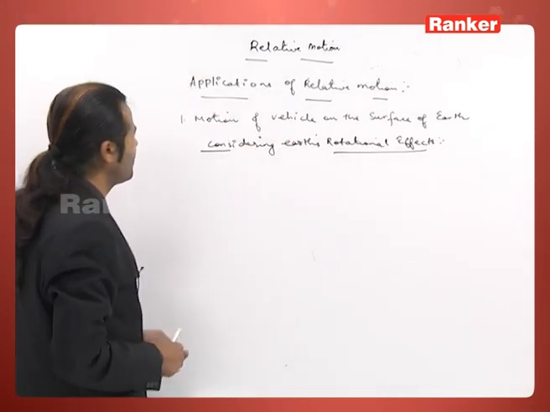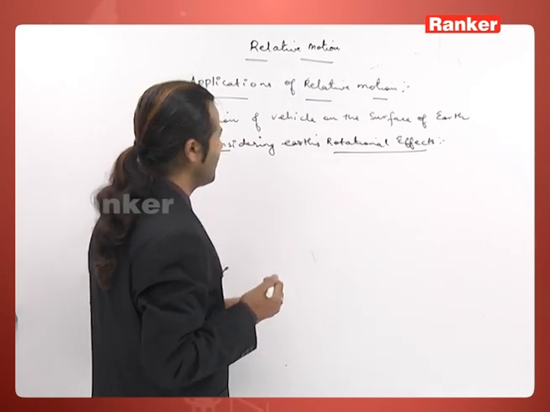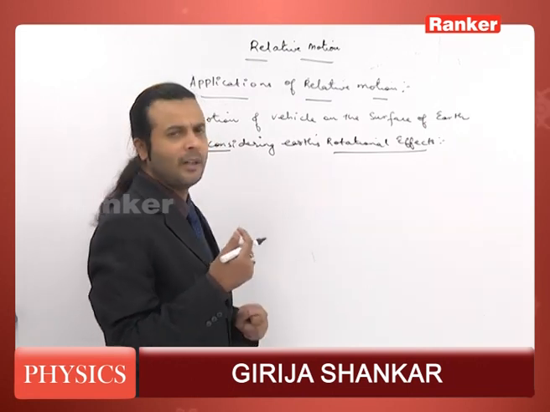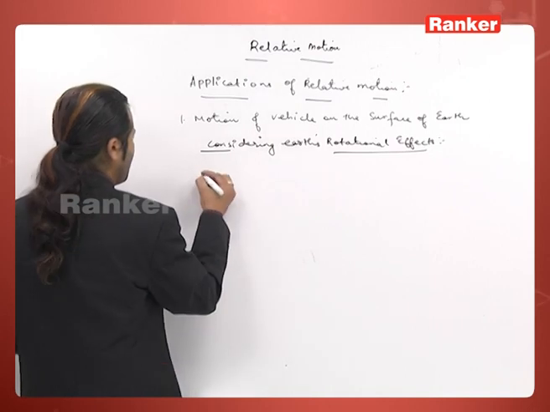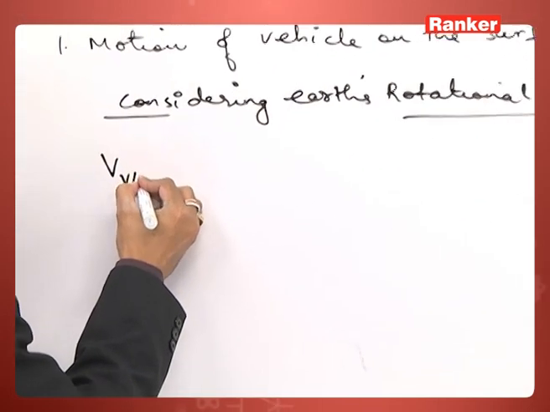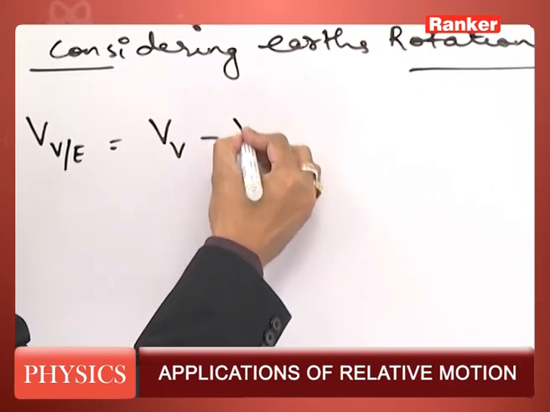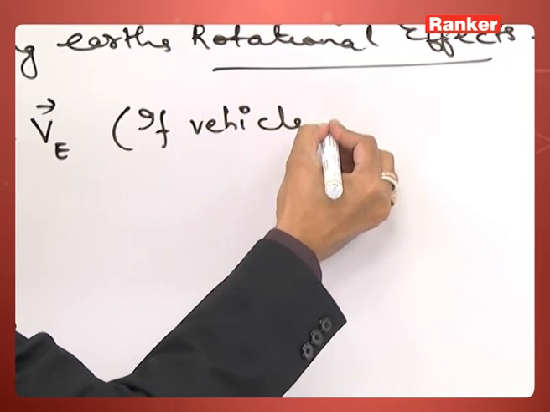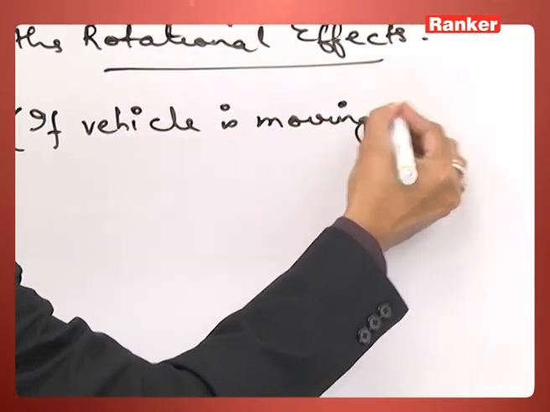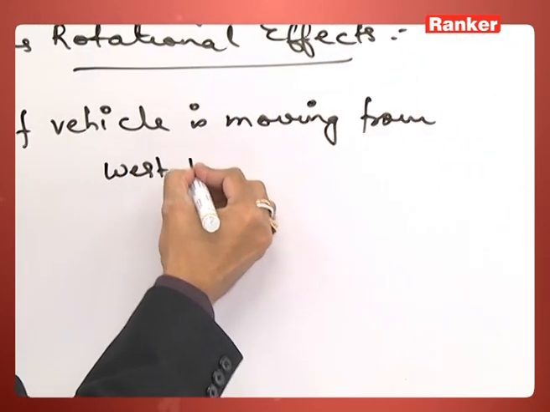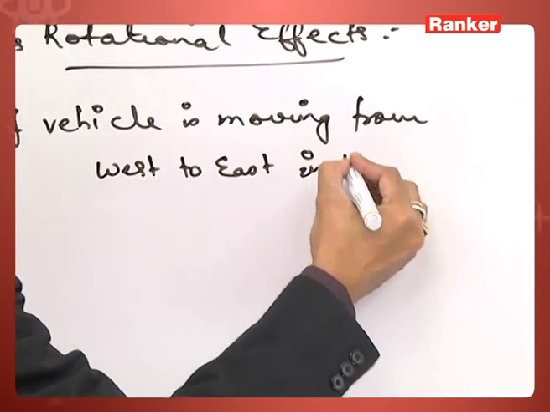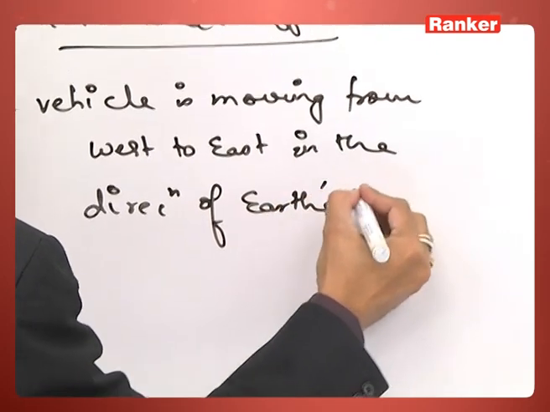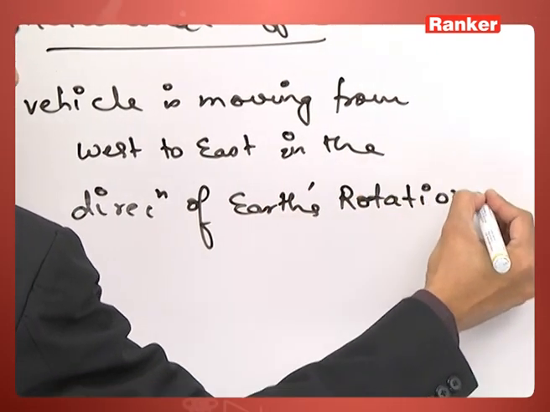So we are considering the applications: motion of a vehicle on the surface of Earth, considering Earth's rotational effects. We consider any point on the Earth is moving with a velocity VE with respect to Earth's center. Velocity of vehicle with respect to Earth is equal to velocity of vehicle minus velocity of E if the vehicle is moving from west to east, that means in the direction of Earth's rotational axis.